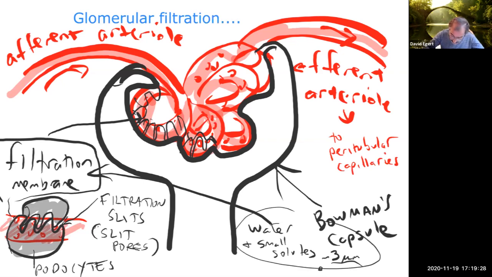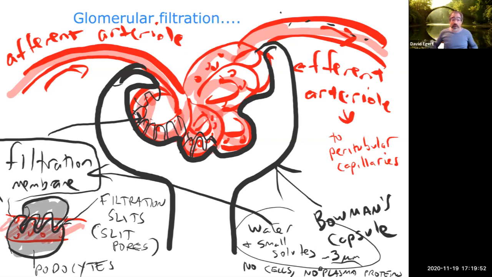Things to remember: no cells, no plasma proteins. Cells and plasma proteins stay in the bloodstream. If those are starting to get out there, there's a problem with this filtration membrane.